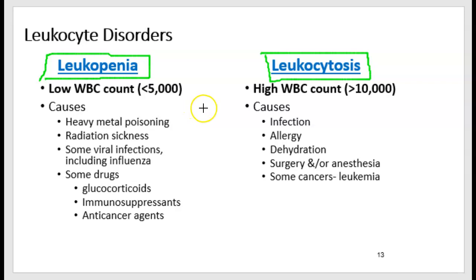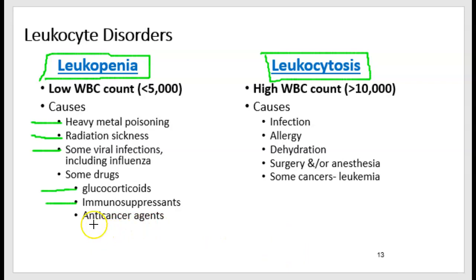Now, why would white blood cells be destroyed or low in number? Heavy metal poisoning, radiation sickness. Some viral infections decrease certain types of white blood cells. And then also people that are being treated for transplants take immunosuppressants, one of which might be a glucocorticoid, like a steroid type thing, and that would decrease leukopoiesis.